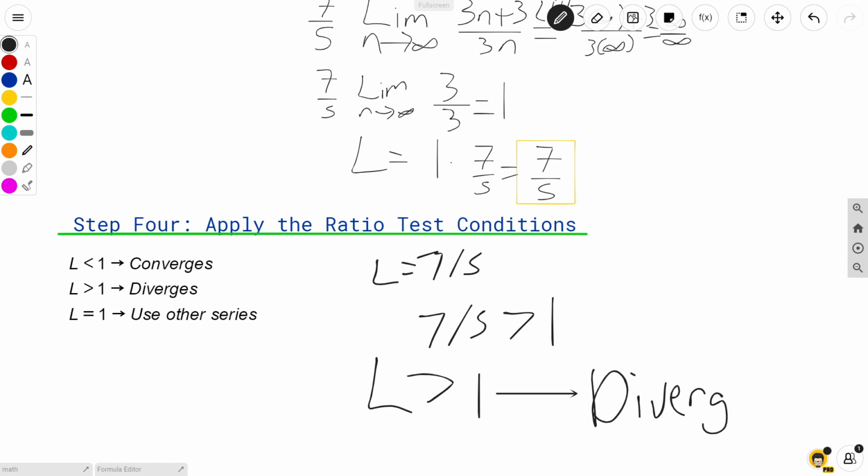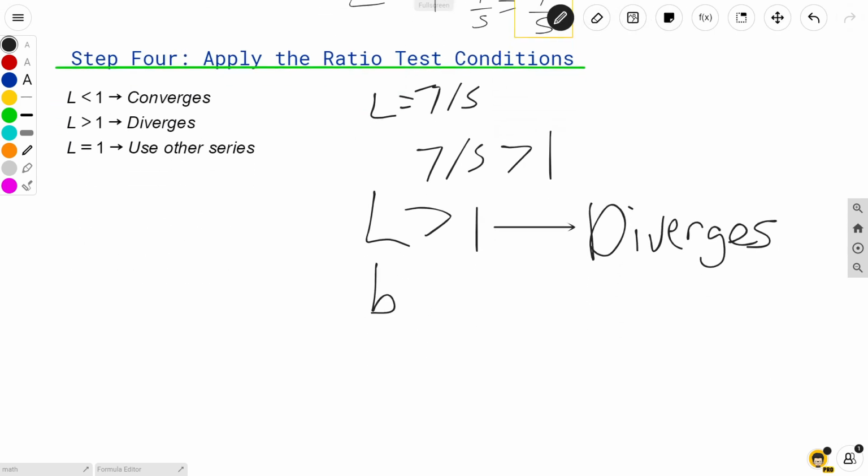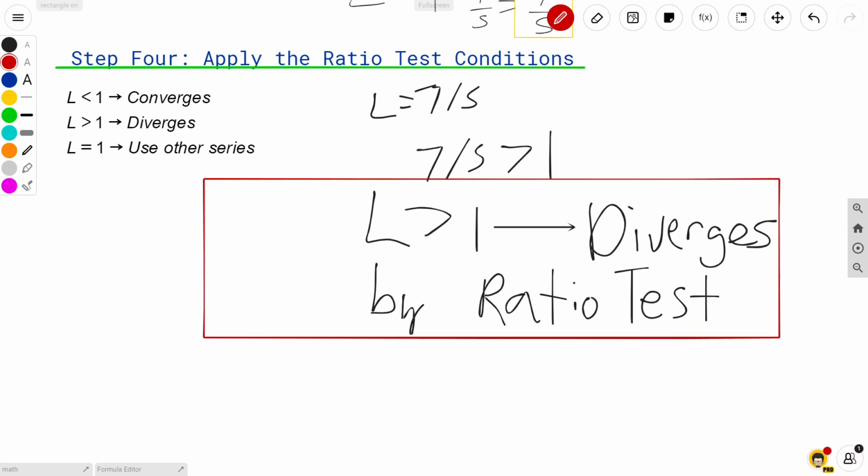So we say diverges by ratio test. And that's our final answer.